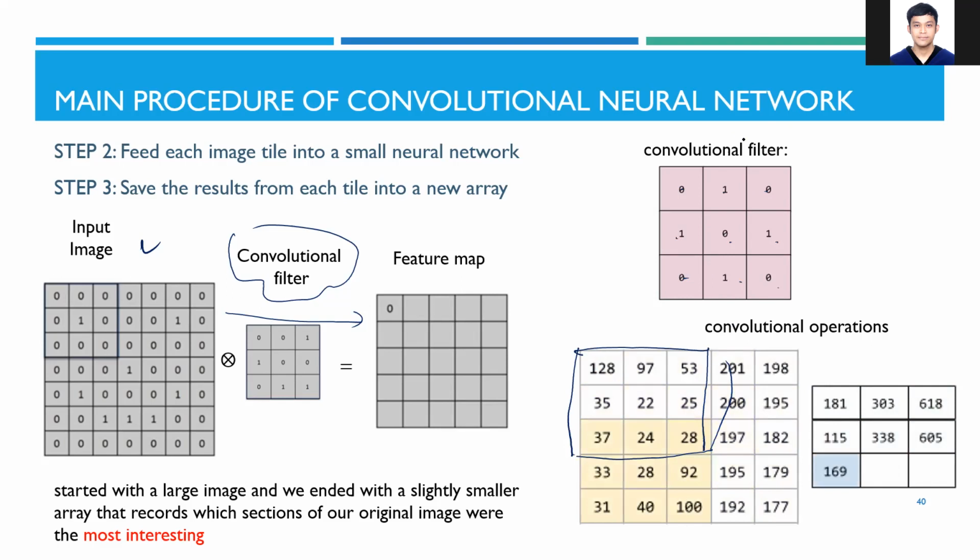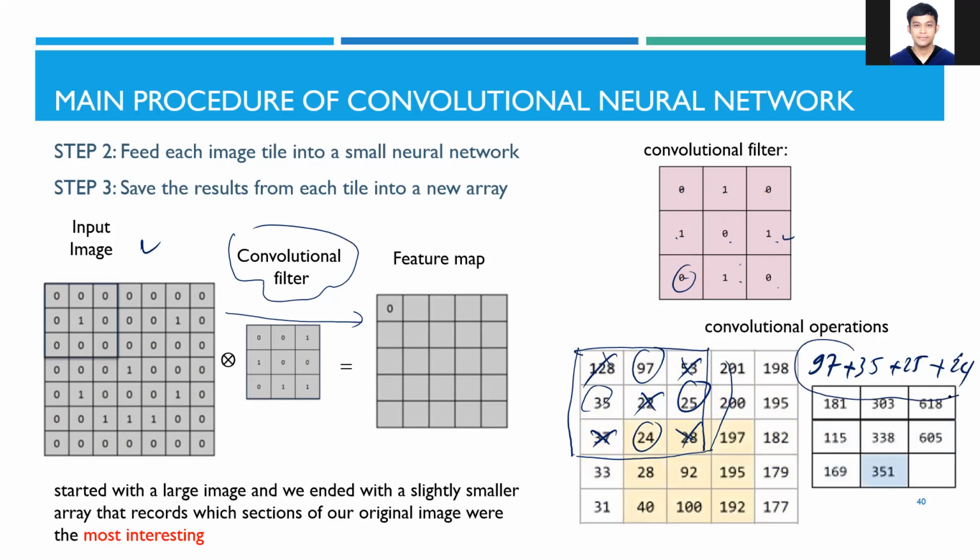If we use a matrix dot product of this matrix and this matrix: 0, so we will not use this. This is 1, so 97, we have 97. 0, we don't use this. 1, 37, so plus 35, sorry, we will not use this. This is 1, plus 25. 0, we will not use this. 1, so we use 24, and this is 0.